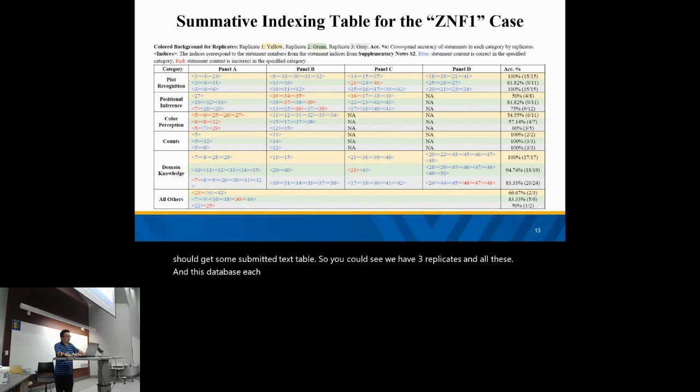Each row corresponds to a category, and each column is a different panel. The red color means the statement is incorrect in that category, and blue means the statement is correct. Because we know the number of true and false, we were able to calculate the percentage, or the accuracy of the statements, shown in the last column.